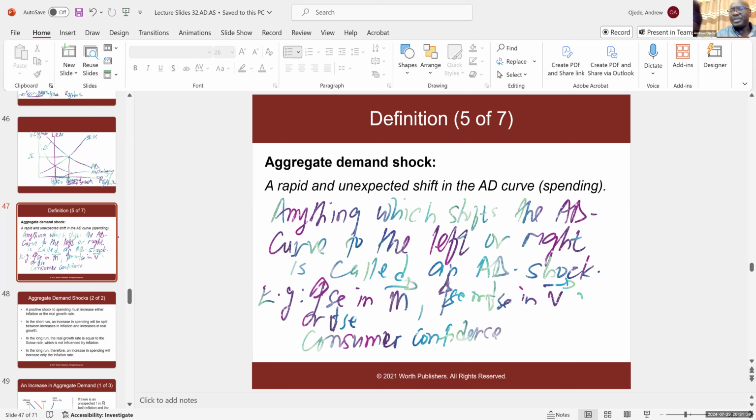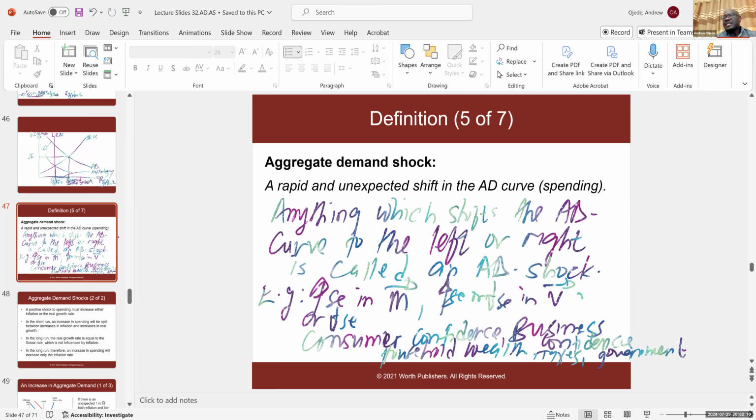You can say consumer and business confidence, or you can add business confidence on its own. They could happen at the same time, though they could happen in isolation. Changes in consumers' wealth, household wealth. Taxes. Government spending. Those are some of the factors that will affect the aggregate demand curve.